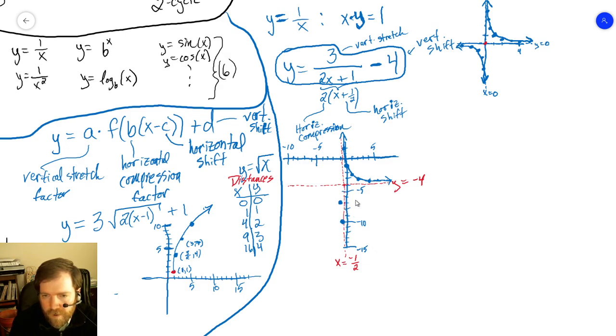So this is negative 3/4, comma negative 10. All right, and then if we had gone, again, from here, we can halve this distance to 1.5, and then double its x distance to the next whole number over here.